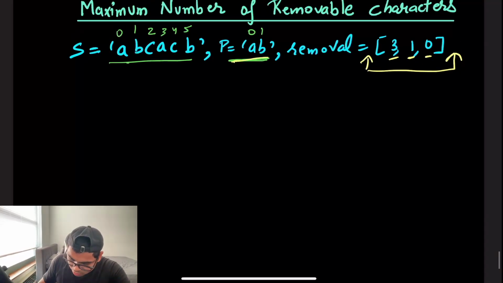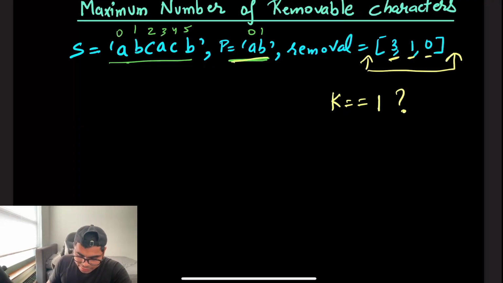So now how about when k is equal to 1? That means we want to remove the third index and then check if p is still a subsequence of S. So what do we do? If I'm choosing this 0 index, that means I'm removing everything until that index.